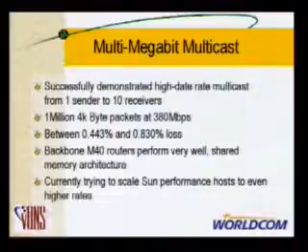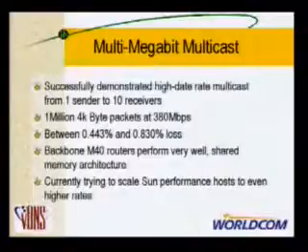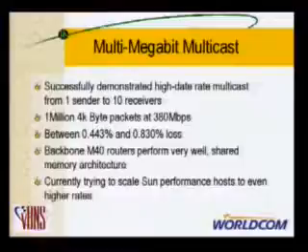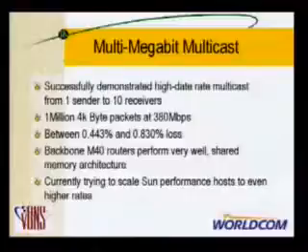So the extension of this is we've now done this at fairly high data rates, from one sender to 10 receivers, sent 1,004,000 byte packets at just under 400 megabits per second. And this was really just a proof of concept. I think if multicast is going to have any practical application in, say, the arena of video delivery and things like this, they need to be able to have very high performance.